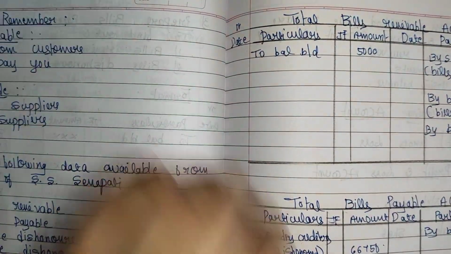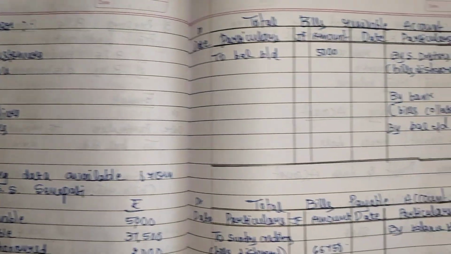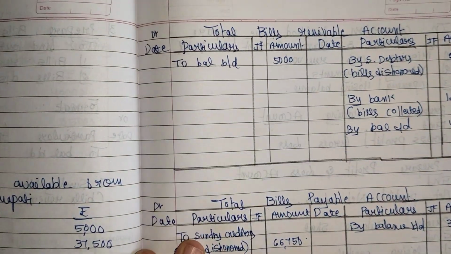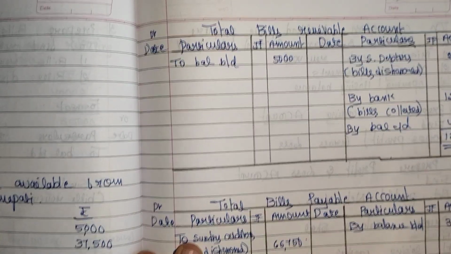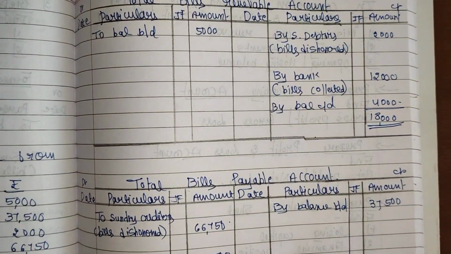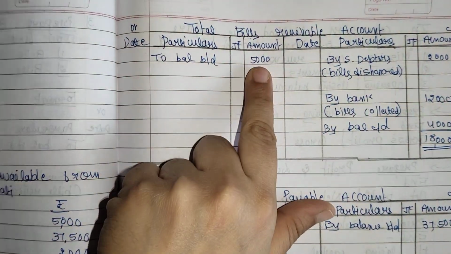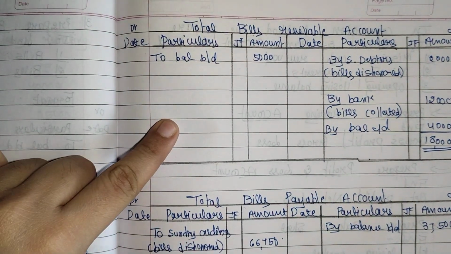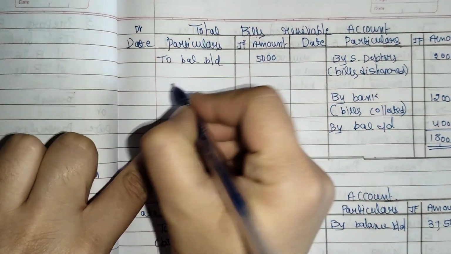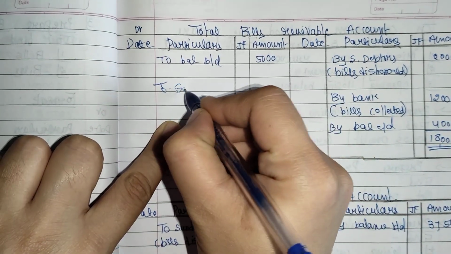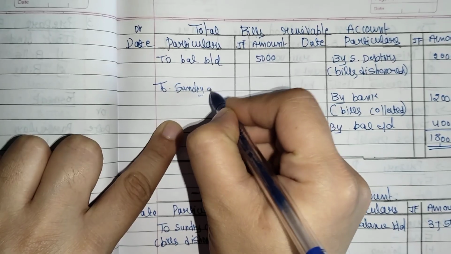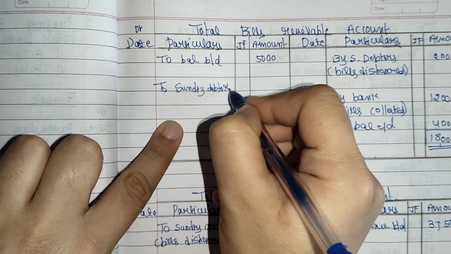Right. Now we will close the bills receivable account. Here the total, 18,000, will come on the credit side. 18,000 minus 5,000, so our balancing figure is to sundry debtors.